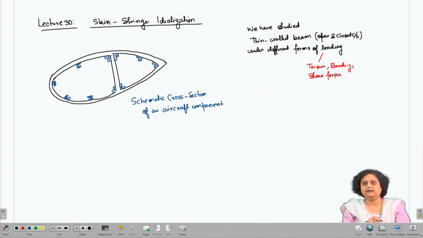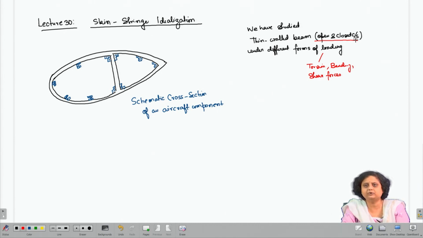So, what we did is that we took a thin walled beam like an I section, Z section, C section or a rectangular section, a cylindrical section. So, both open and closed, and we have studied or analyzed such beam structure first under torsional loading, then under bidirectional bending, and then under shear forces.